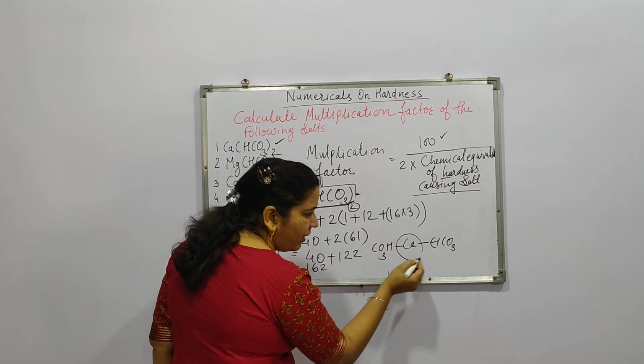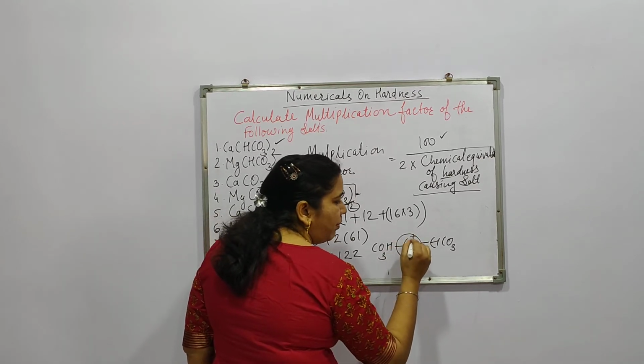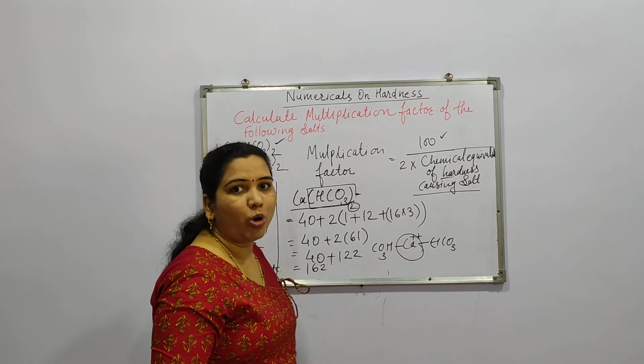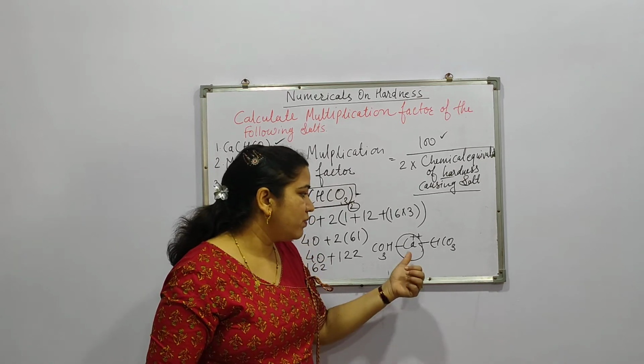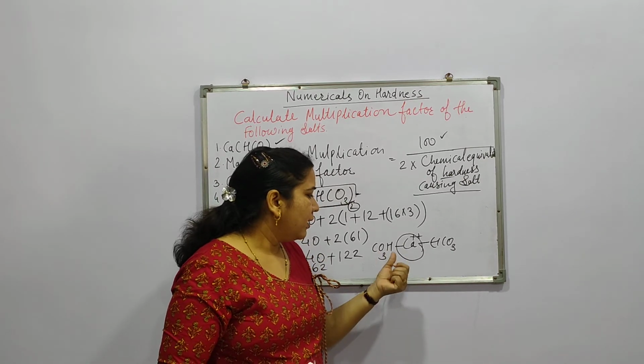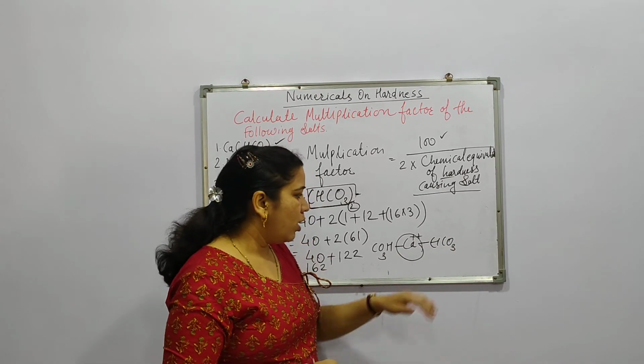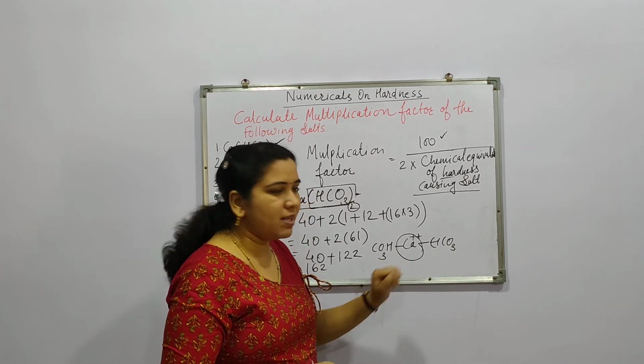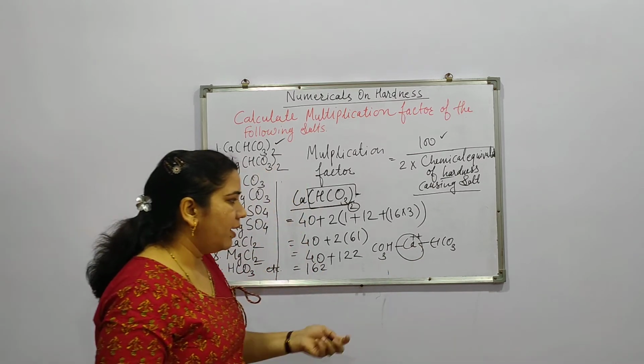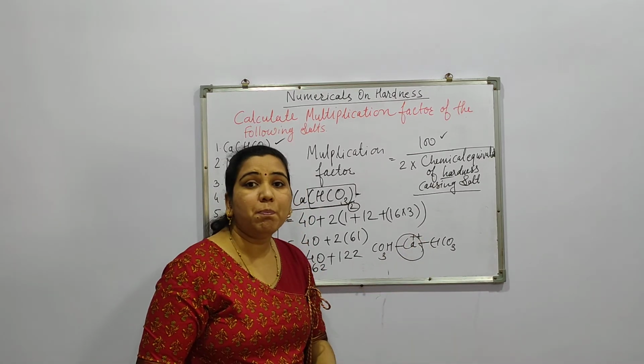So this is the central metal ion, and it is always a di-positive ion. When it dissociates in water, it forms di-positive Ca ion. Like that, HCO3 always remains a negative ion. So HCO3 is negative and Ca is di-positive. That's why Ca has valency plus 2.